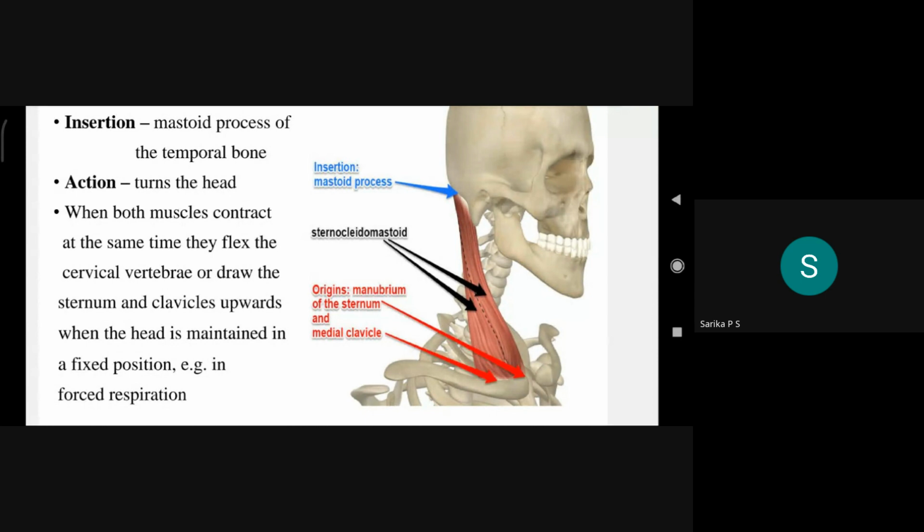Means when we are inhaling deep and long, then our lungs are getting filled with air. At that time, the clavicles and sternum are lifting upward, right?